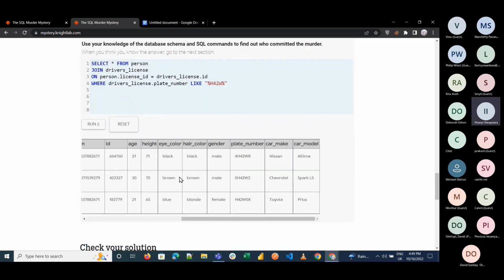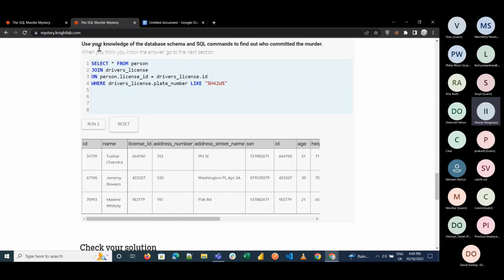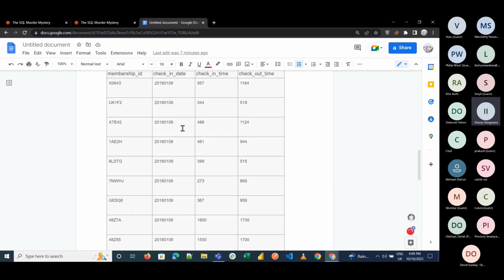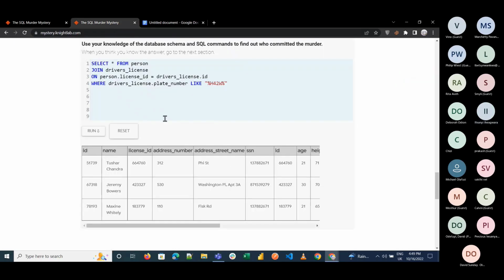Okay, so now it returns a list of names. We can say that all males have a female here. So it's definitely not the last digit, but it's one of these two. These are two suspects. Another thing we can do is try to see which of them did it.